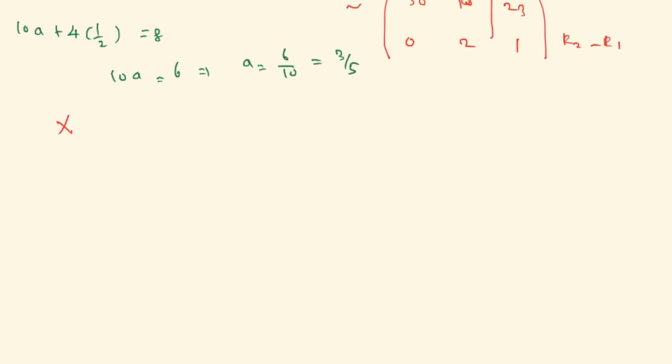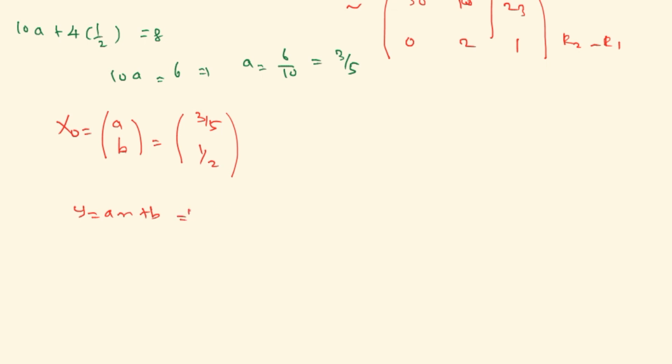Now successfully we found the solution, that is x naught equal to a, b, with a value 3 by 5 and b value 1 by 2. So what is the given equation? y equal to ax plus b.